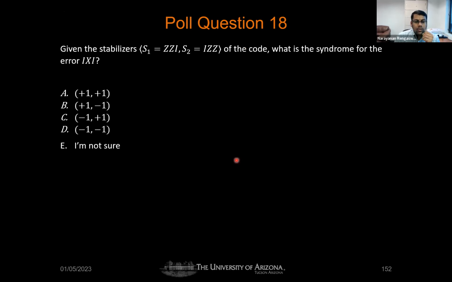Okay, so now just a quick exercise. If you have the same two stabilizers, what is the syndrome for the error IXI? So if you have an X error on the second qubit, can you tell me what the 2 bits of the syndrome are? This should be pretty quick.